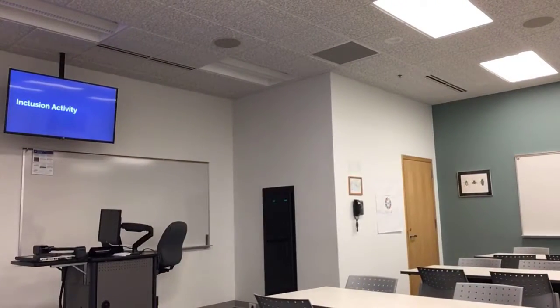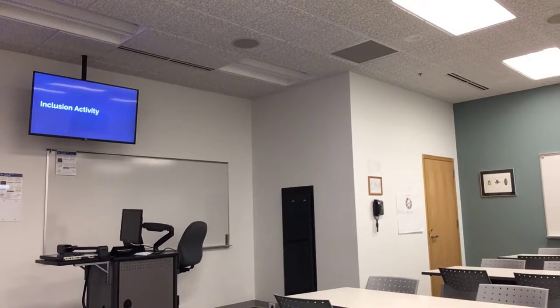But we're going to start with an inclusion activity because it's too quiet in here already. So find a Post-it note. If you don't have a caddy at your table, go steal a Post-it note or a piece of paper. Grab a Post-it note or a scratch piece of paper or something.